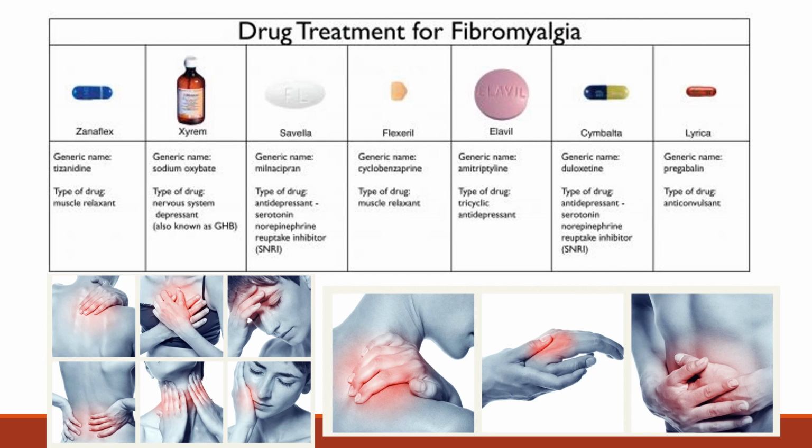Remember, I said it was the brain and spinal cord perceiving the pain signals more amplified than in a general person. So we want to look at antidepressants and anti-seizure medications like your duloxetine and fluoxetine.